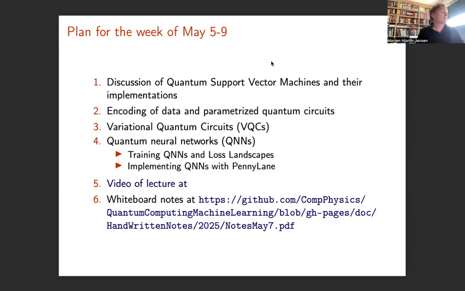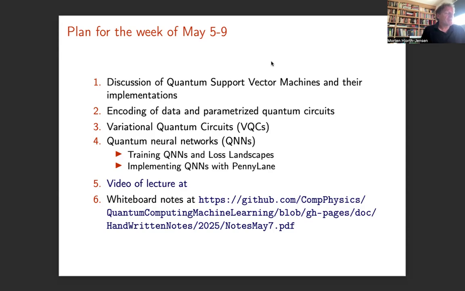One of the first topics we will talk about today, after we have reminded ourselves about some basic elements of support vector machines, is how we encode the data. In this course, we will mainly focus on what we call classical data in a supervised context.